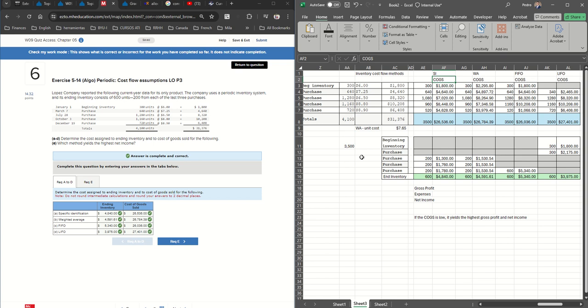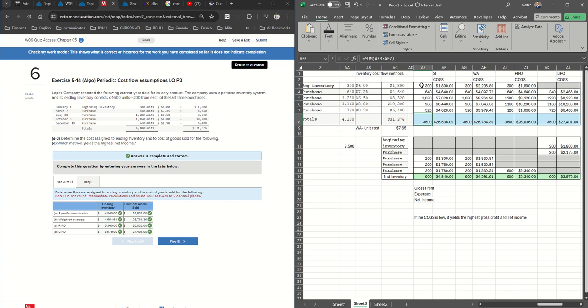To get that information, we just have to subtract the total unit number minus the end inventory number of units. So the quantity sold is 3,500. So that means that we have to obtain the COGS of this number of units.